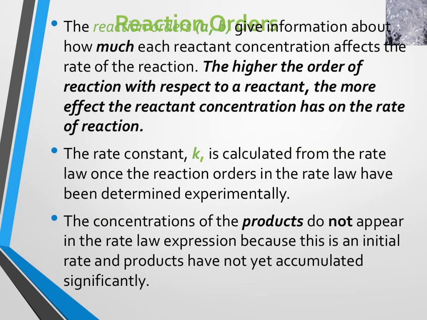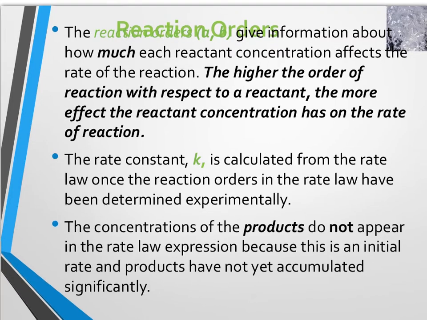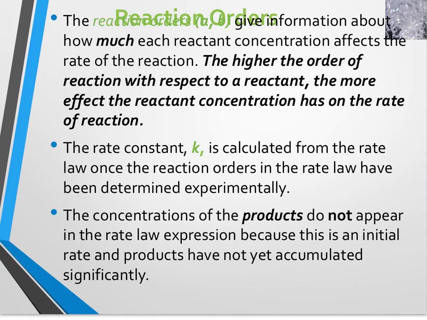I want to tell you on a conceptual level what the order of reaction is before we get into the mathematical description of it. So the order of a reaction, the exponent in the rate law, tells us how sensitive the rate of reaction is to the concentration of that particular reactant. If you look at a generic rate law, let's just make one up.